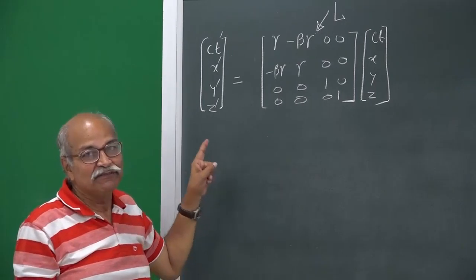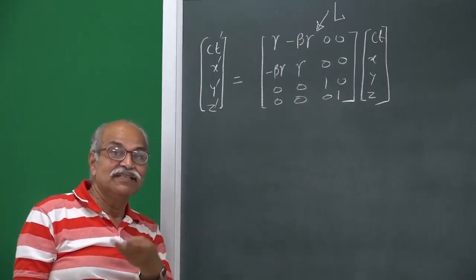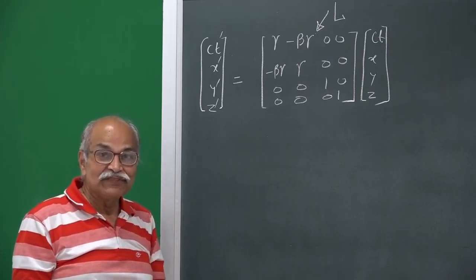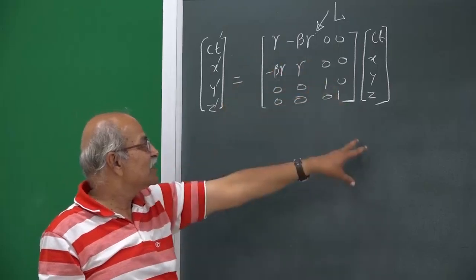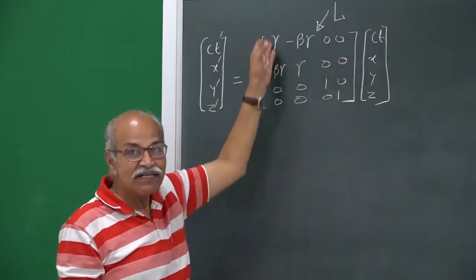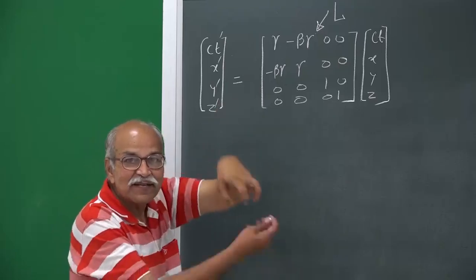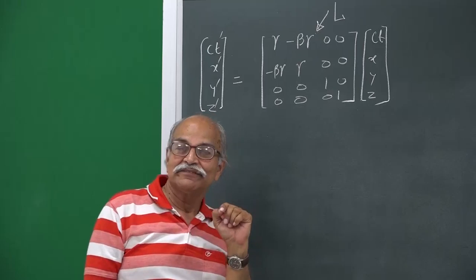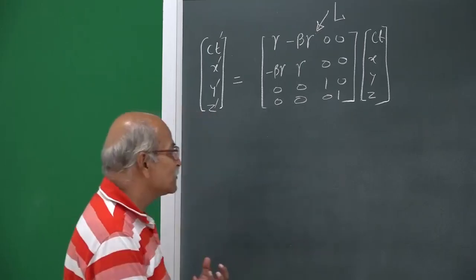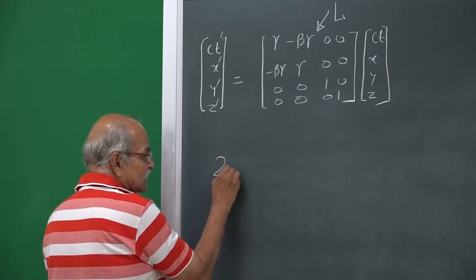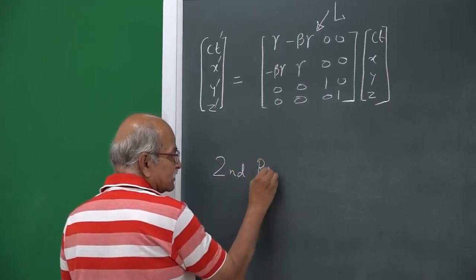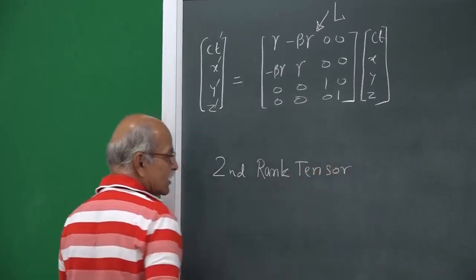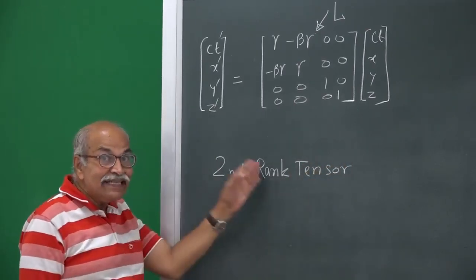Here we have 6 components: Ex, Ey, Ez, Bx, By, Bz. So, we cannot write this kind of equation, this is a 4 by 4 matrix. So, you cannot create just a vector out of those 6 components, but then there is another class of quantity which we called second rank tensors. And these have 16 components.